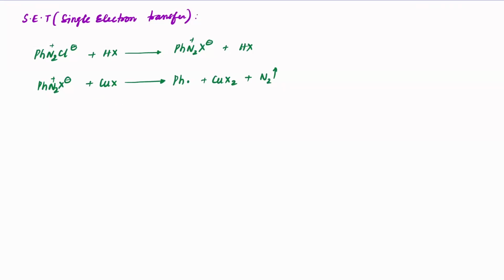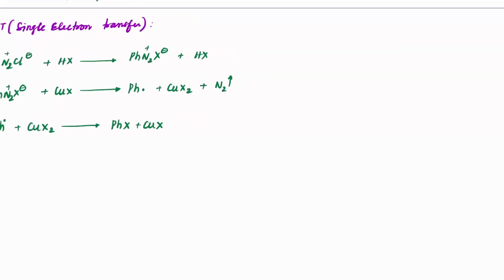Once you get that, as a radical, this Ph dot again reacts with CuX2, converting this into PhX plus CuX. You could imagine it like this: we have CuX and X dot with Ph dot.